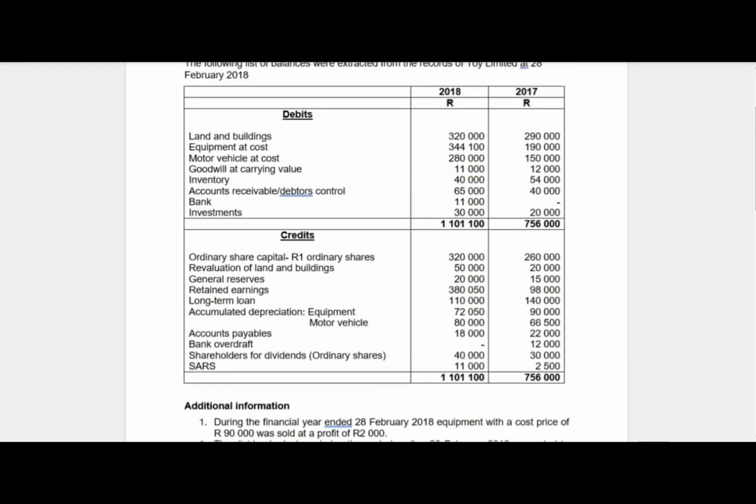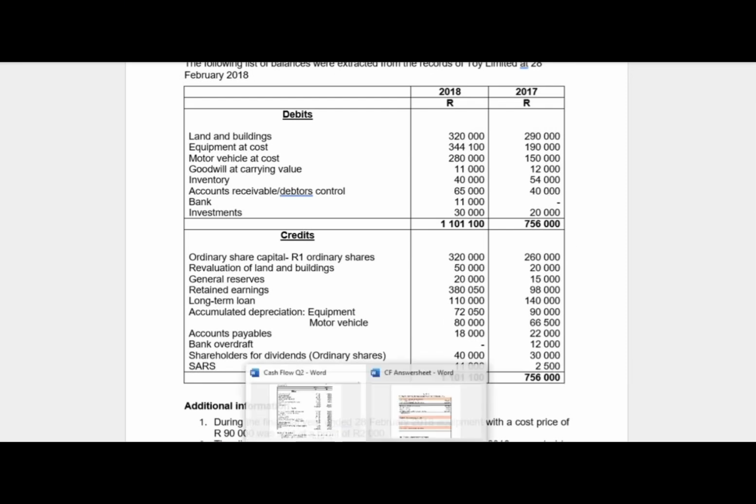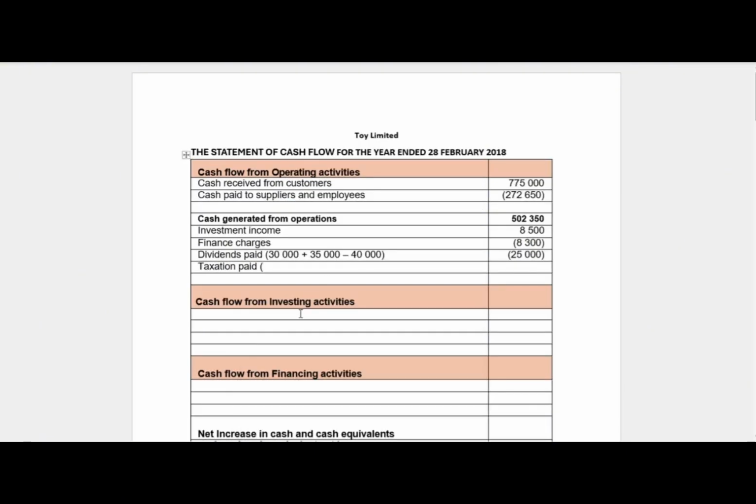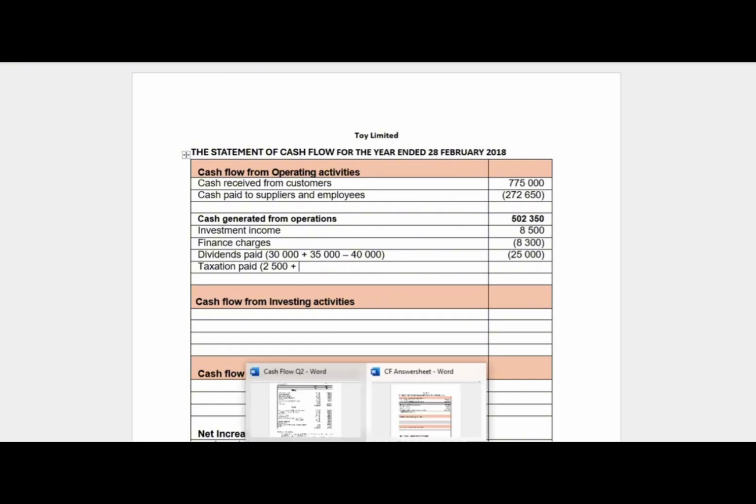Just for you to see the years right there. So previous year is 2,500. So for you to calculate SARS, you're going to say the previous year's SARS of 2,500. In brackets, you come here 2,500. You add SARS normal tax or income tax during the year, right? So let's go and see how much it is.